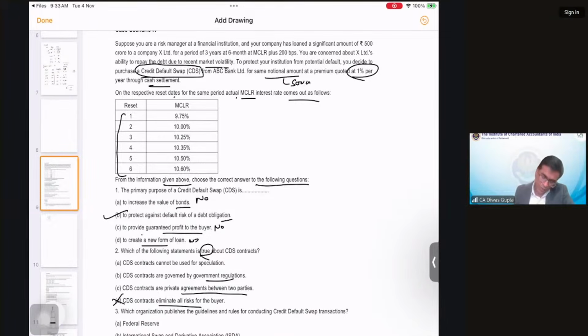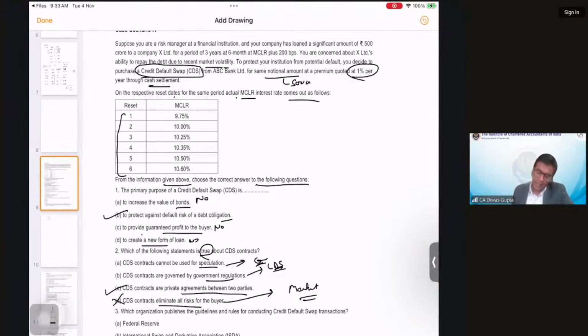So first of all, this is not true because still the market risk is remaining. Only the credit risk is covered by the CDS. There is no such government regulations which define CDS. It can be used for speculation, right? It can be used. So the right answer is C. These are private agreements between the two parties.